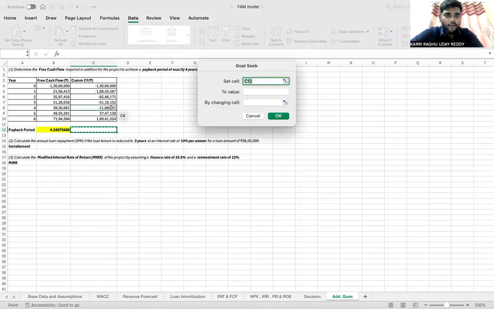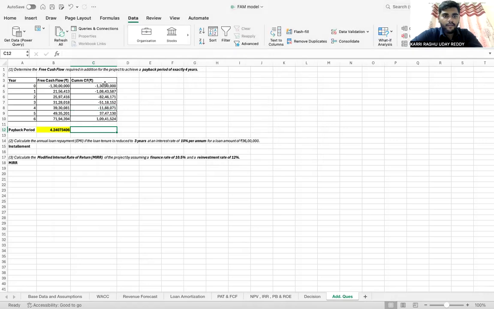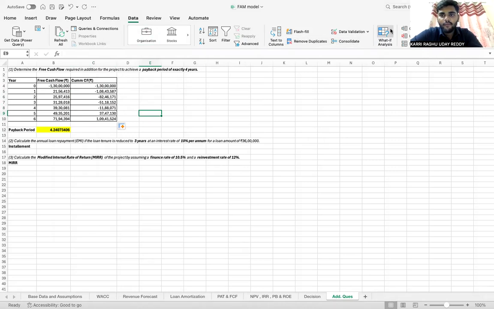The cell value we want to change is this one, and that value must be 0 by changing this cell value. The cell must contain a formula. Oh, sorry. Let me erase these values as well. And here the cumulative cash flow will be this one plus this. Now we are perfect. Now we will apply goal seek here.